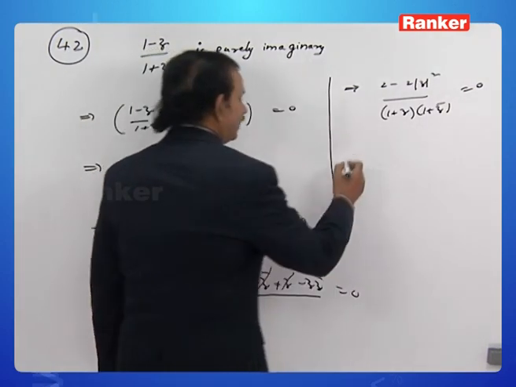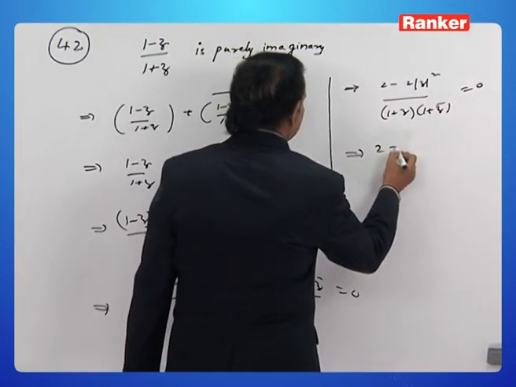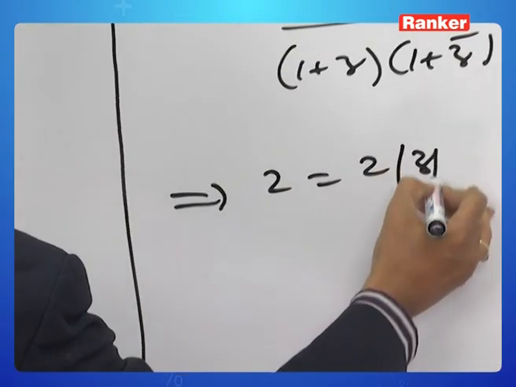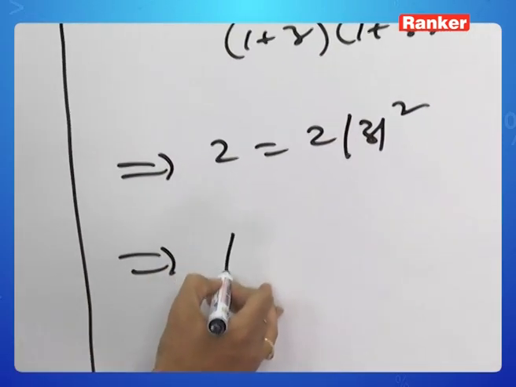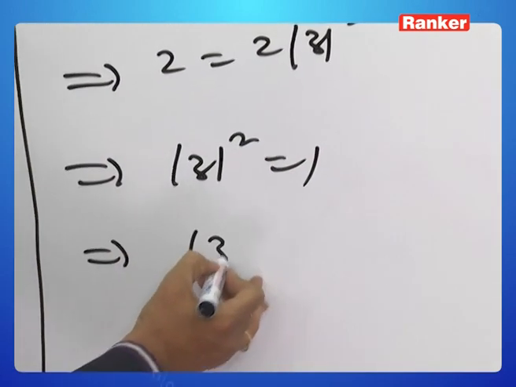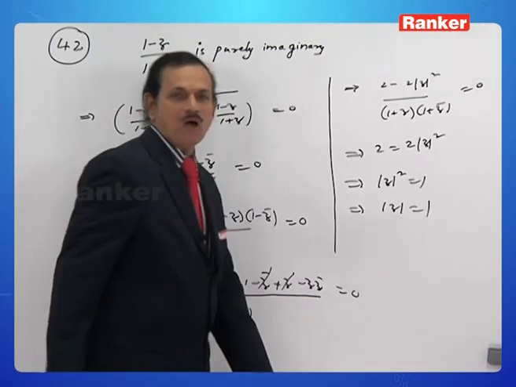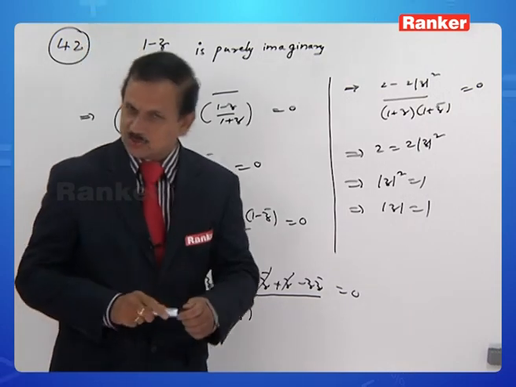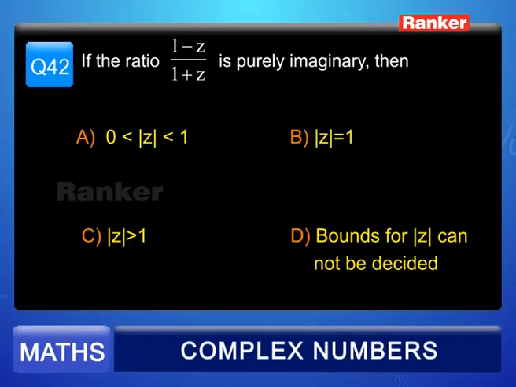Thereby you get 2 is equal to 2 into mod z square, or mod z whole square is 1, leaving you mod z is equal to 1. Is it available? Of course, it is available in option B. The second option is the right option. Mod z is equal to 1.